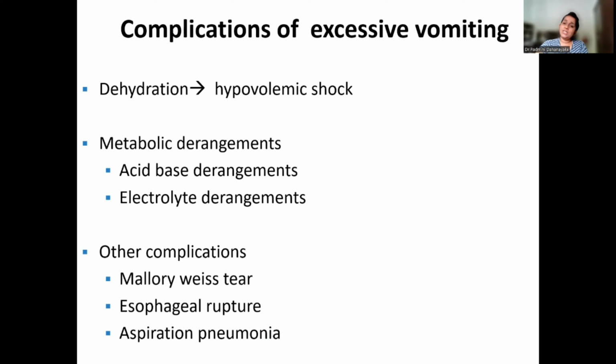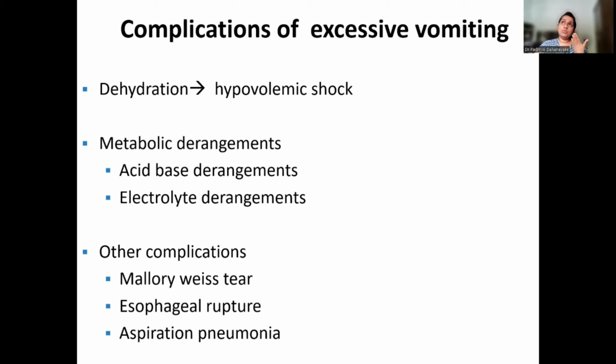Now we will see what are the complications of excessive vomiting. The most important thing is dehydration, which will lead to hypovolemic shock if we do not treat accordingly. And then there would be metabolic derangements like acid-base derangements or electrolyte derangements. So what are the acid-base derangements? This is a metabolic cause, okay?